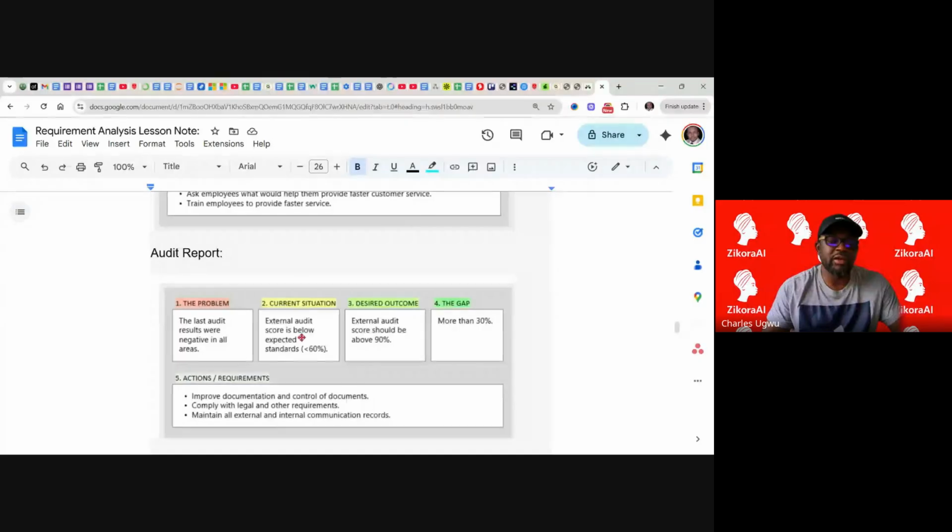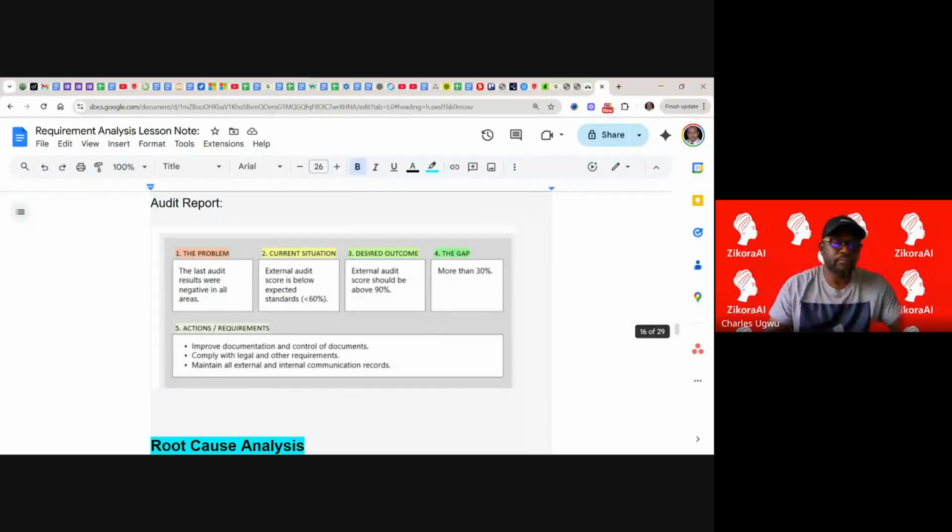You must find a way. Why is the audit poor? You find action to improve on. This is a simple gap, you can perform simple gap analysis here. Here you can improve documentation and control of documents, comply with legal and other requirements, maintain all external and internal communication records.